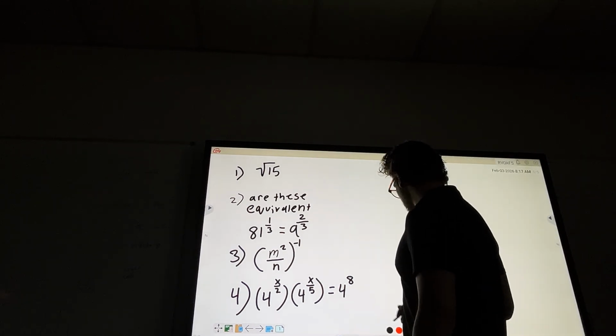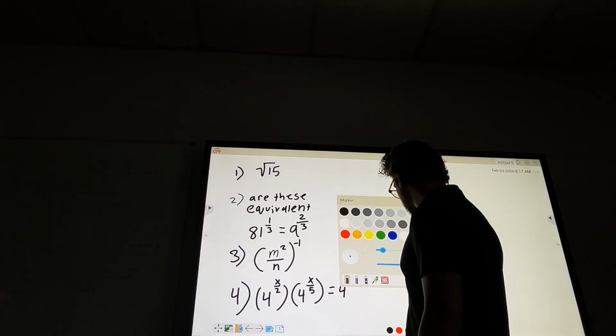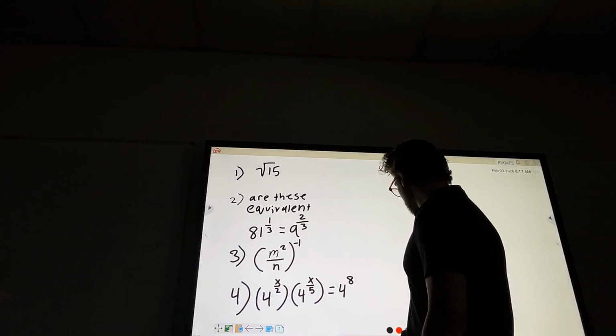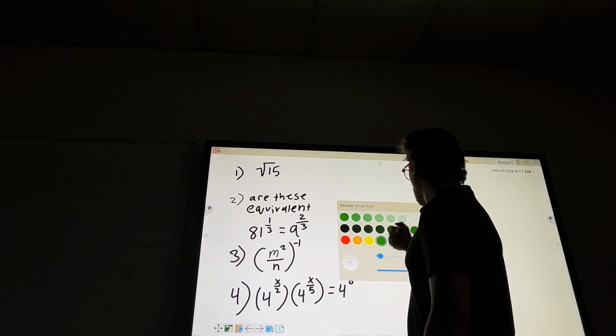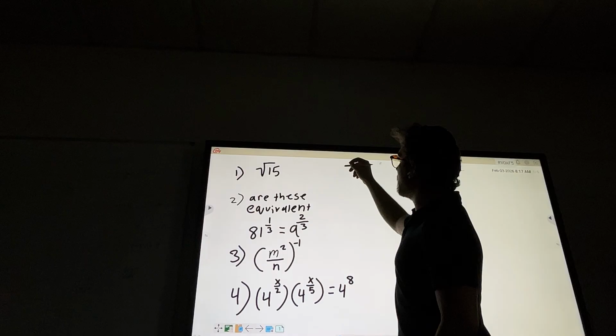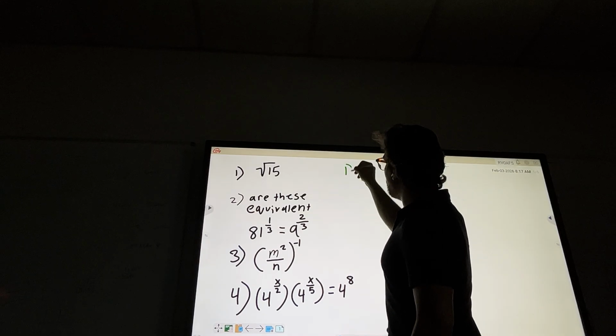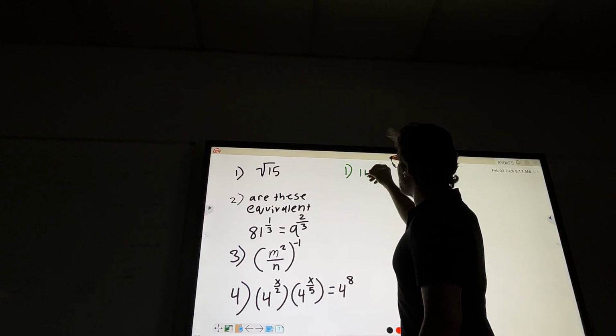Our 15 over here, and I will do this part in green so that you can check your work. Number 1 will be 15 to the power of 1 over 2.